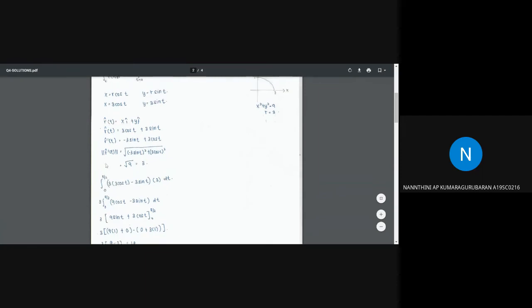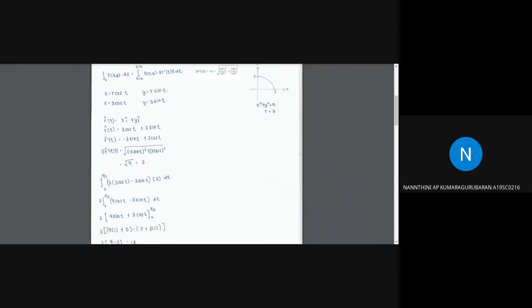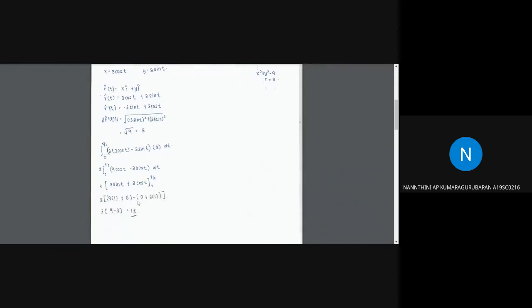Where we get pi over 2 is from here: the angle is starting from 0 and closing with pi over 2. Then integrate as usual and we get 18. The answer is 18.